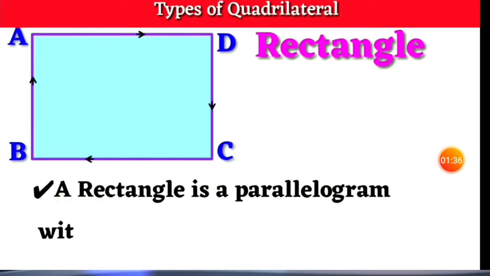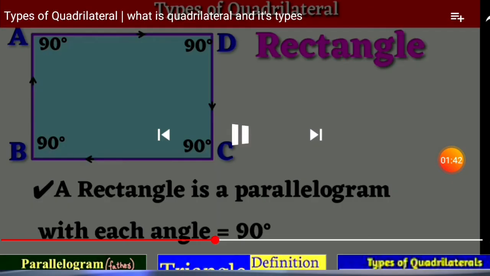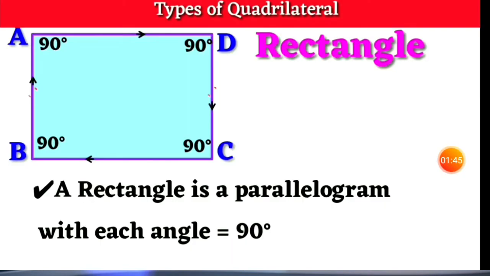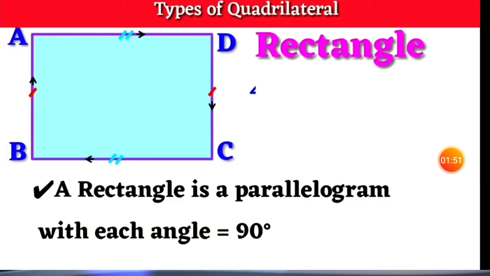A rectangle is a parallelogram with each angle equal to 90 degree. And here in a rectangle, opposite pairs are also parallel and equal. Here all the 4 angles, that is angle A is equal to angle B is equal to angle C is equal to angle D.